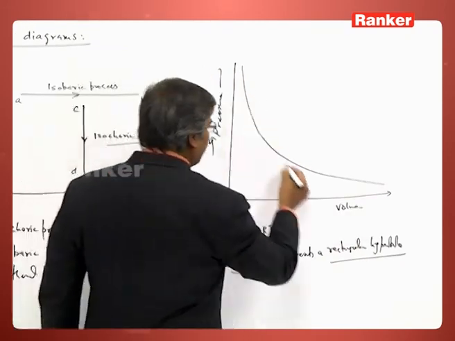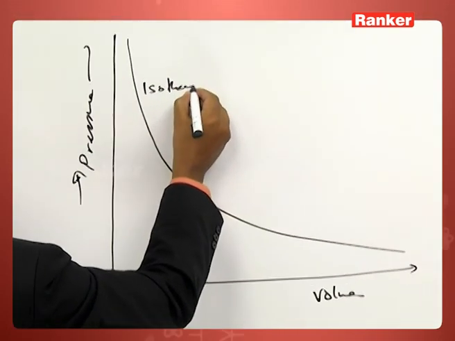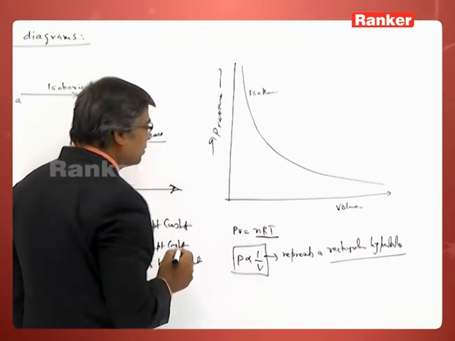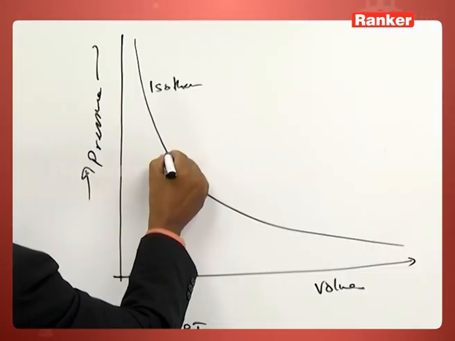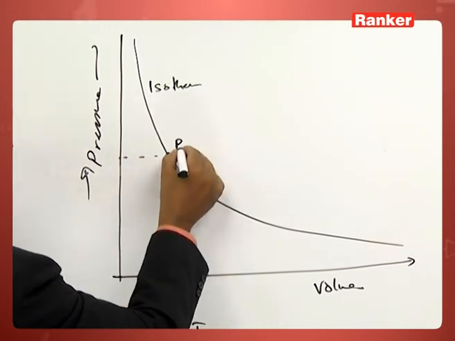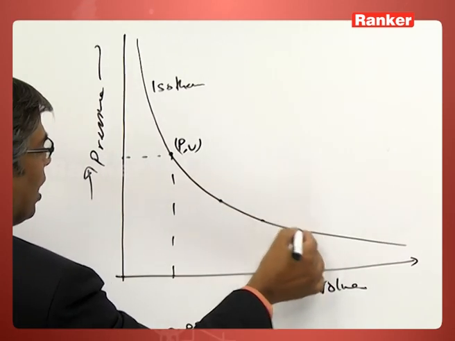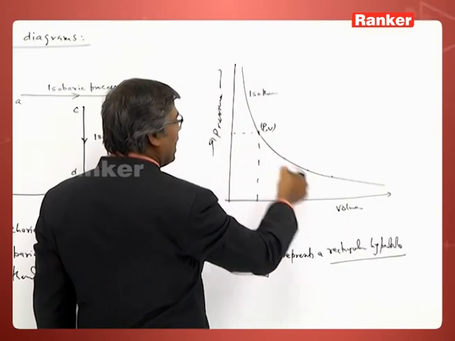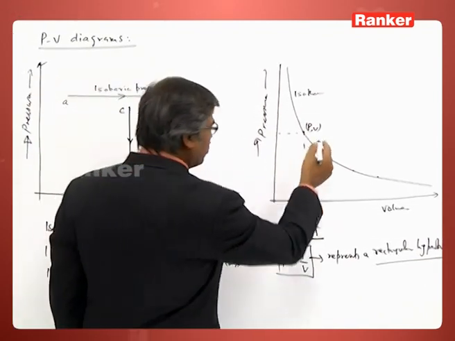We call this curve an isotherm. Suppose this is P and this is V. These are the coordinates; we call these thermodynamic coordinates. All the points will have the same temperature, so we call this an isotherm.